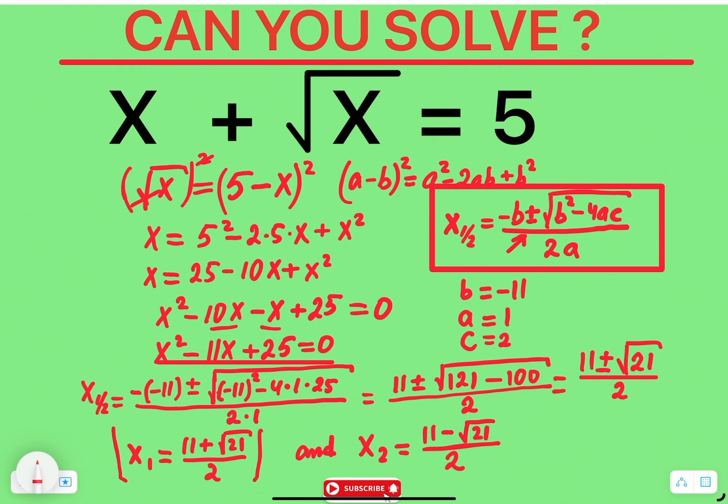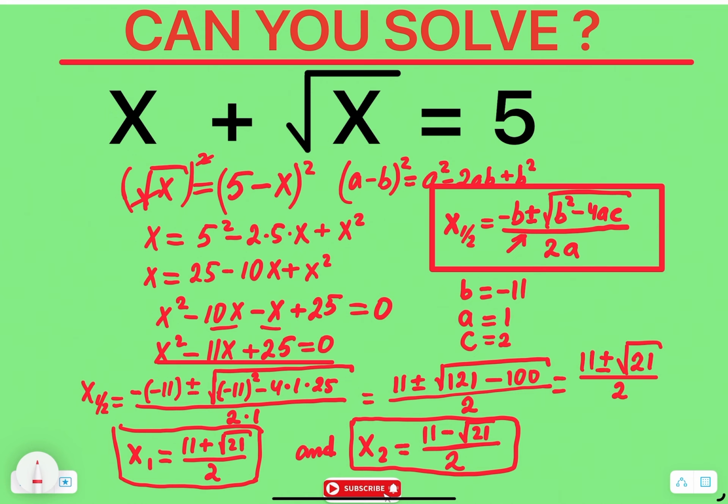Those are the solutions for our equation. If the problem wants you to write the number, you can use a calculator for the square root of 21 and subtract and divide. That's very easy. So these are the 2 solutions for this equation.